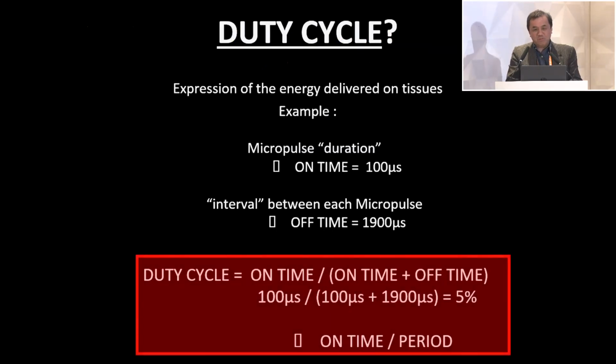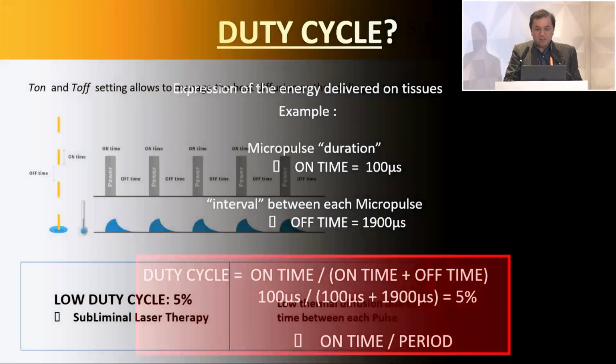Duty cycle, again, is just the percentage of time that the laser is firing in relationship to the time where you've chosen the pulse. So a 5% duty cycle means that 5% of the time the laser is firing, but 95% of the time the laser is not firing, so you have time for it to cool off.